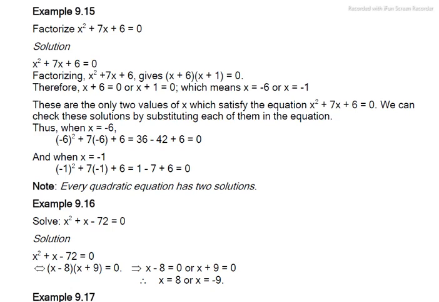In fact, solving quadratic equations will be much easier for you if you have mastered factorizing quadratic expressions. But what you should know is your target in solving quadratic equations should be having two solutions, or two values of the unknown.